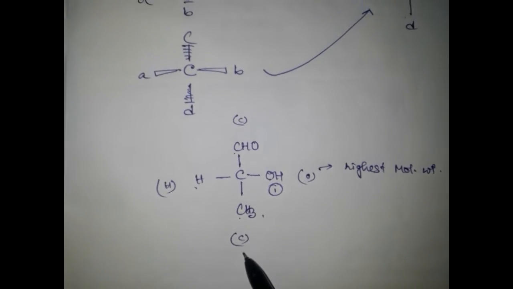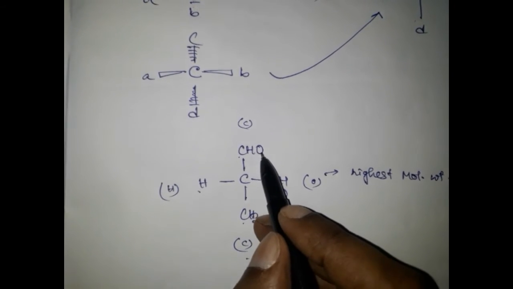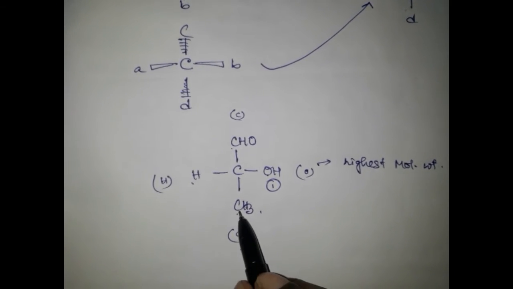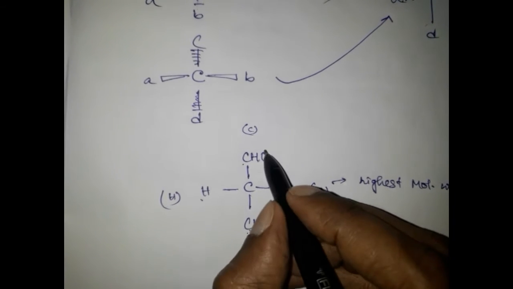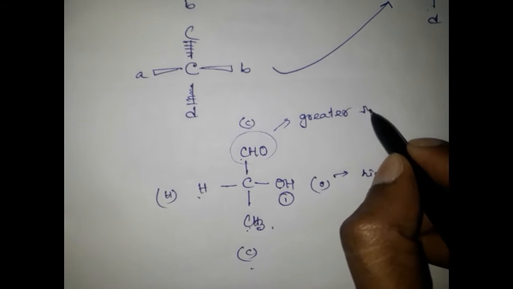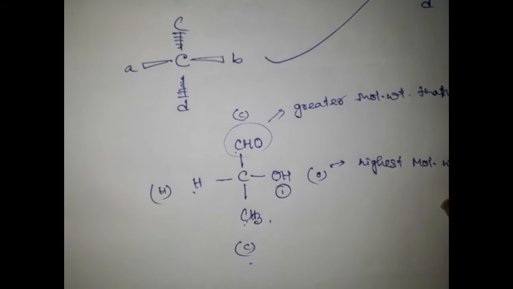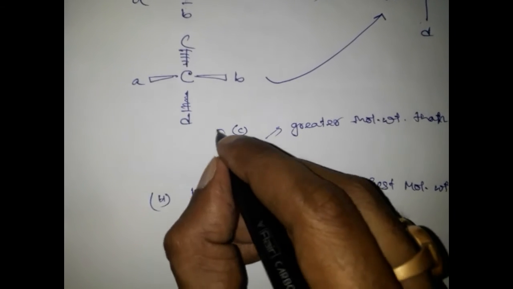Now this side has a carbon, and with this carbon there is an oxygen and a hydrogen, and with the other carbon there are 3 hydrogens. So the weight of this one is greater than CH3, so this will be priority number 2.